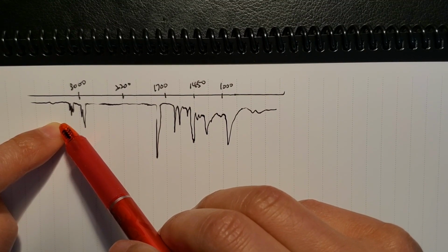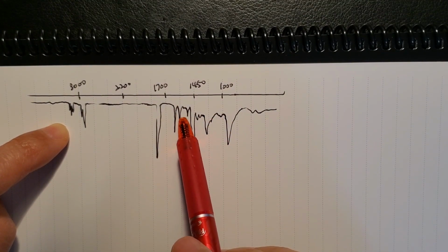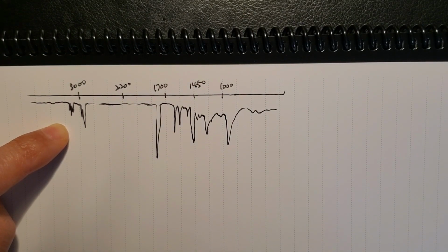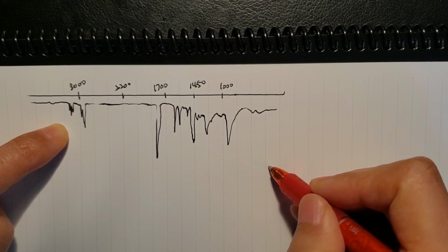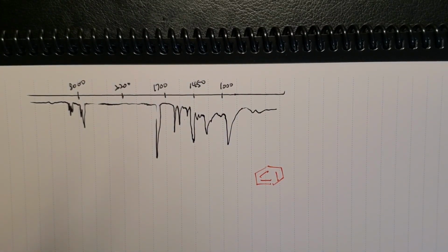You have multiple H's and multiple double bonds, though they are weak, right? Only because you see a couple over 1600, you have a strong case for aromatic. But if you have a better spectrum like an NMR, you want to confirm. Otherwise, this can be a risky assumption as well. But for now, you say I have alkene. I'm sorry, aromatic ring alkene.